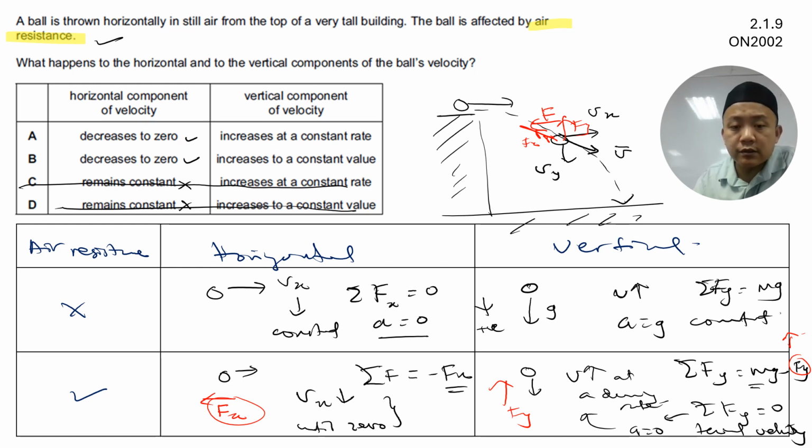So it will increase to a constant value. So the answer is B. It can't be increasing at a constant rate, because if it were at a constant rate, that would mean it has acceleration. Here we know that the acceleration will eventually become 0 because of the increase in the drag, or the increase of the resistive force. So that's why the answer is increase to a constant value and not at a constant rate.